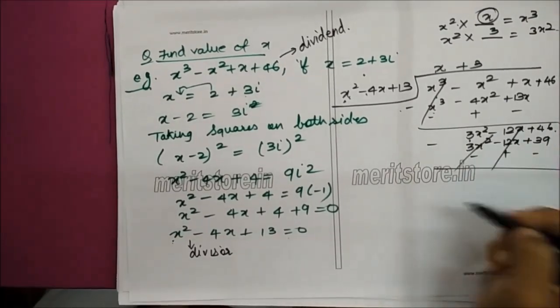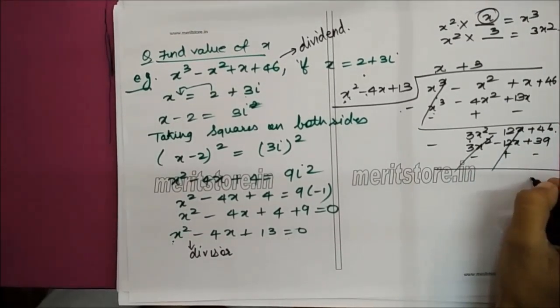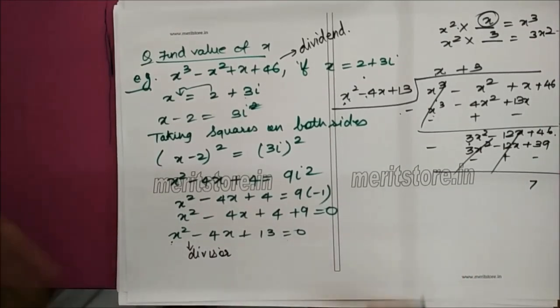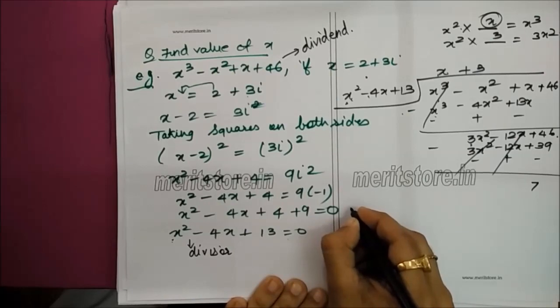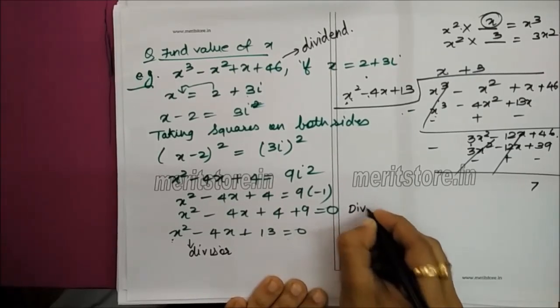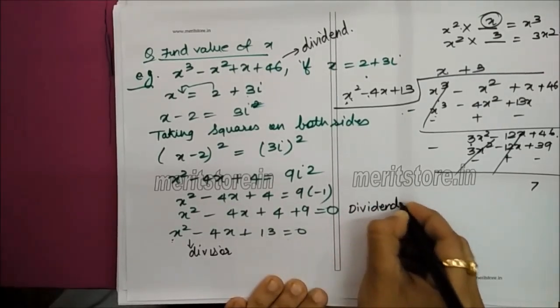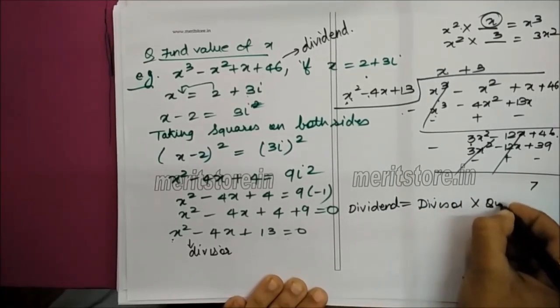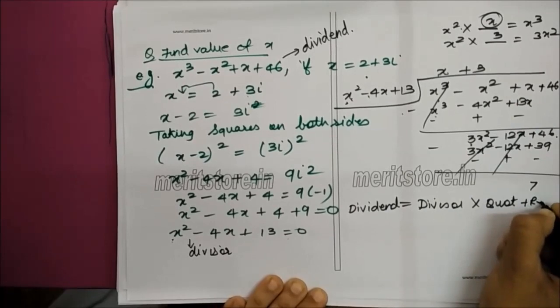This will get cancelled, this will get cancelled. What remains is 7. Again in your lower standards we have done dividend is equal to divisor into quotient plus remainder.